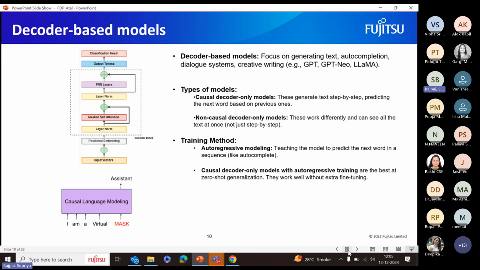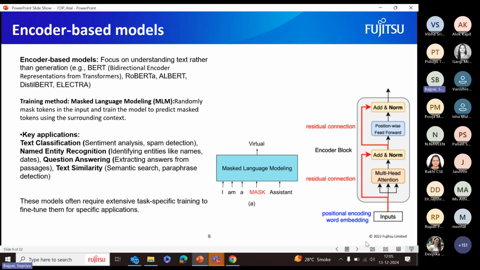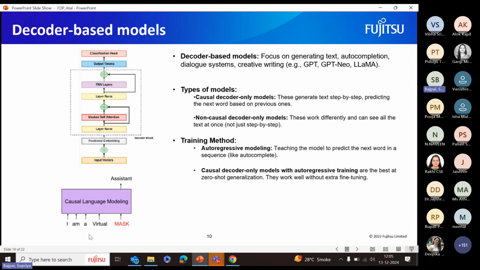For example, in the encoder based models, if you look at "I am a mask assistant", for predicting the word "virtual", the model can see both the previous words "I am a" and the future word "assistant". The model can see both and then tries to predict. But here, only the previous words are visible to the model for predicting the next word.